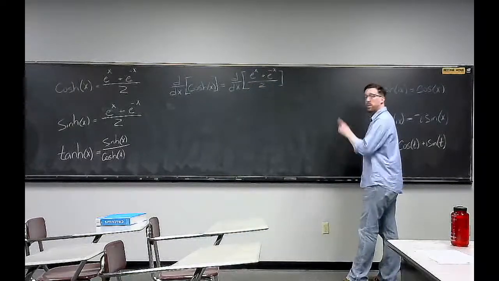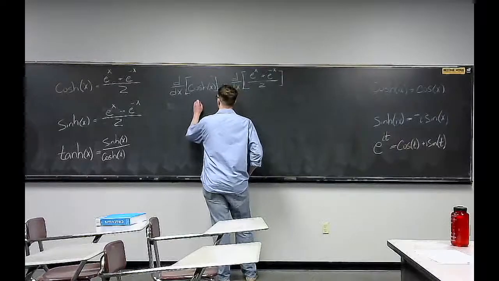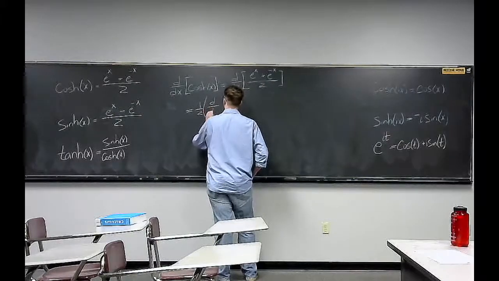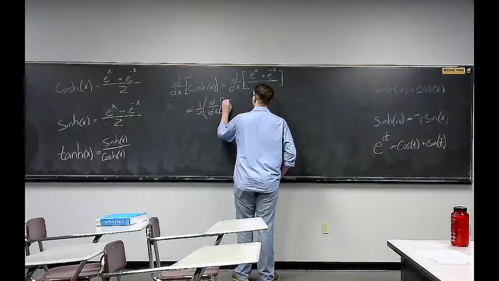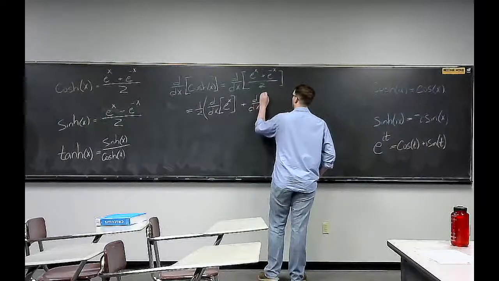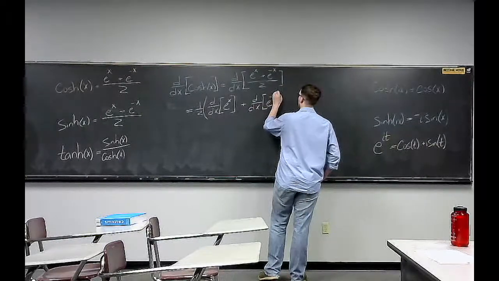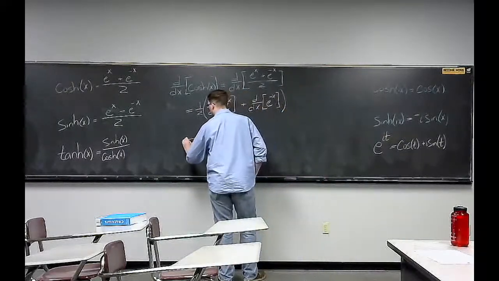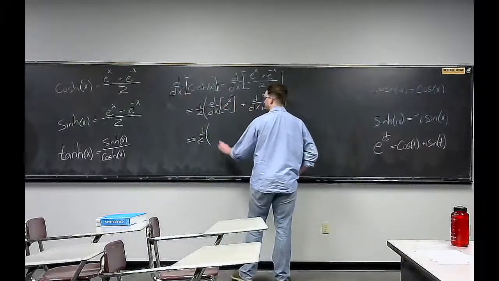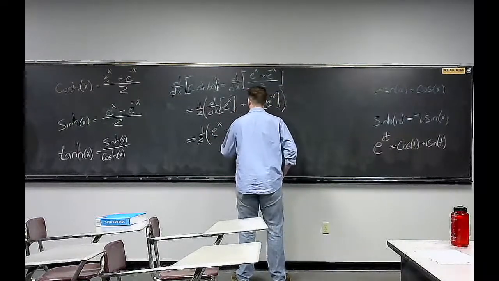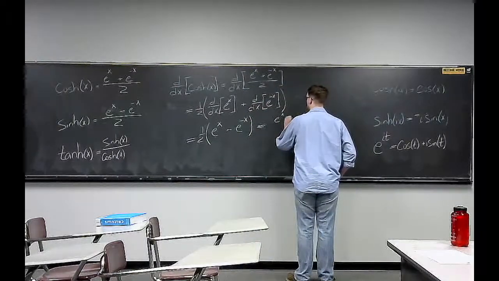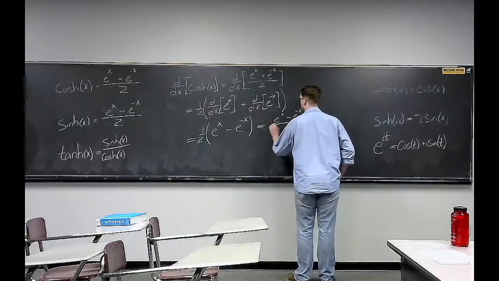Using the rules of derivatives, we can break this up a little bit to get 1/2 d/dx of e to the x plus d/dx of e to the negative x, which gives us 1/2 times the quantity e to the x minus e to the negative x, which is equal to e to the x minus e to the negative x, that quantity divided by 2.